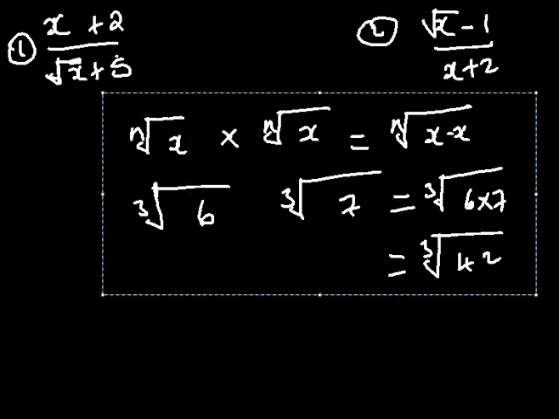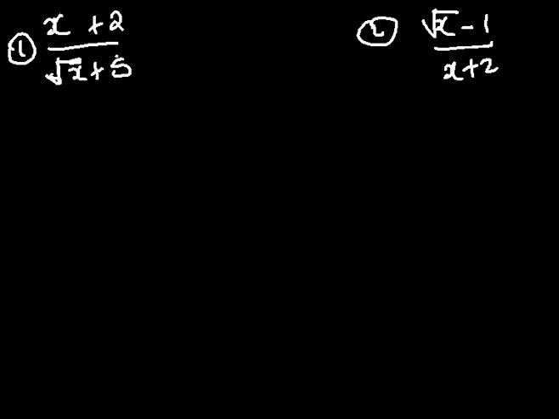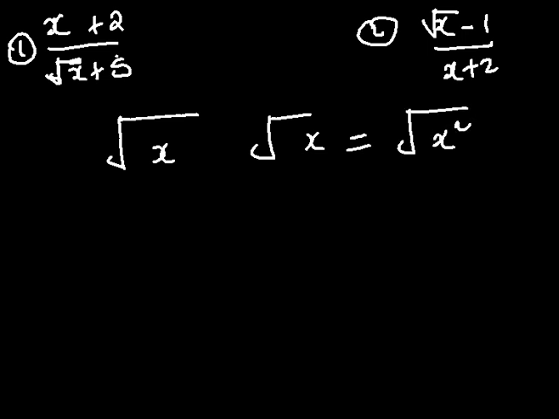And if we have the square root of x times the square root of x, this is the same as the square root of x squared, which is the same as x.